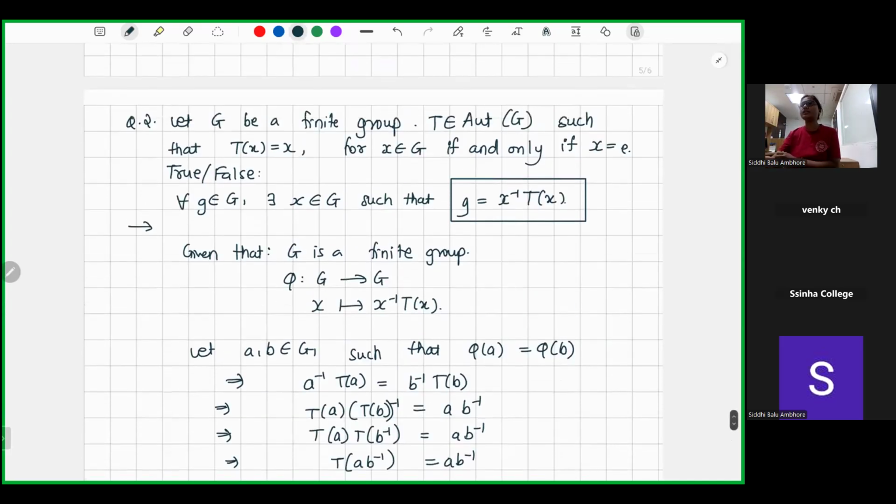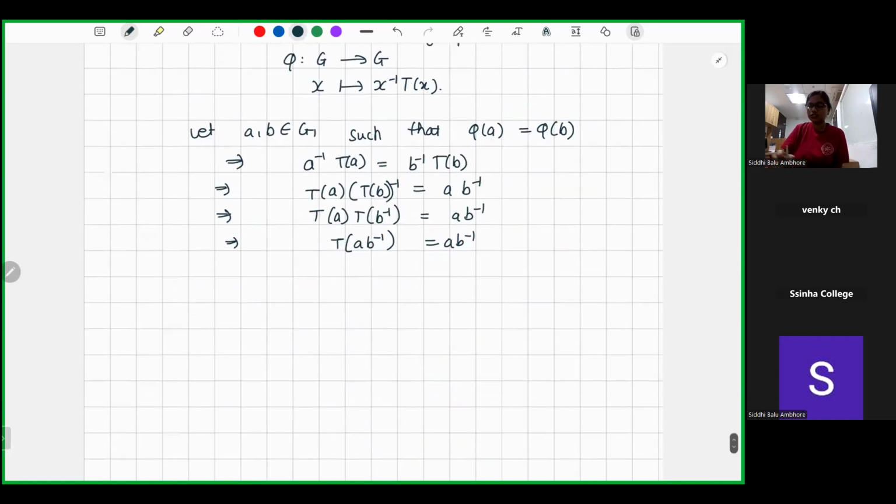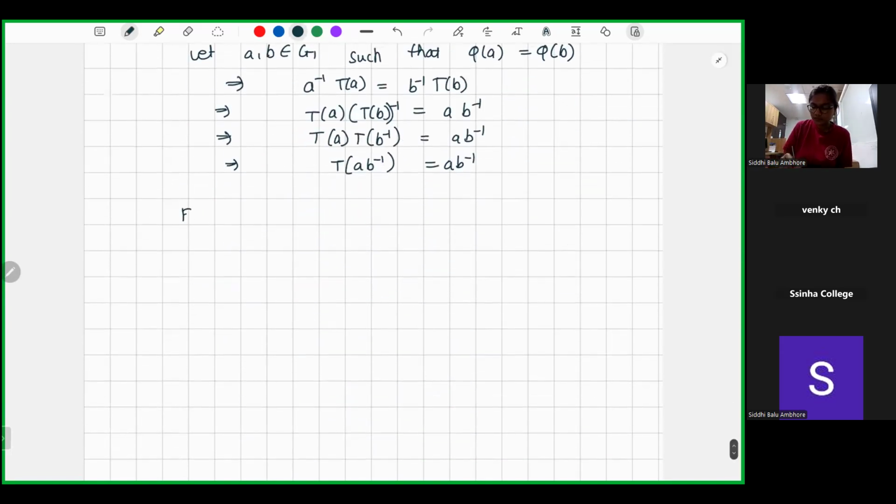But from the given property of T, if T of X is equal to X for some X in G, then that X is E. So this will imply what? From the given hypothesis on T, we get AB inverse as E, right?